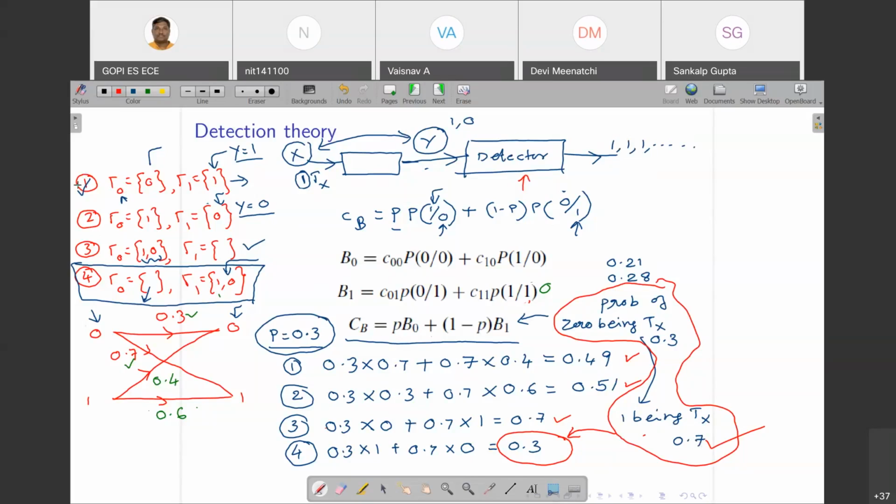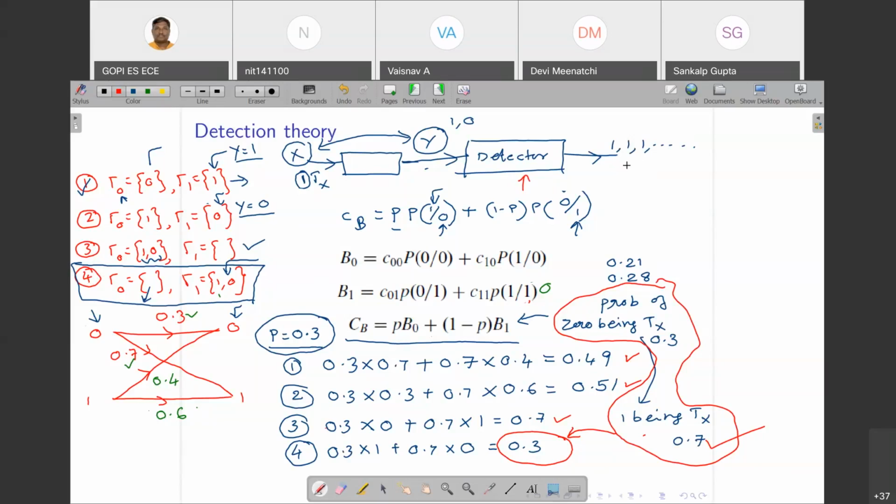If you do these 3 rules, the error involved is going to be larger, but when it comes to this 4th case, the error is going to be less. So this is the best among all possible rules. That is what we are telling.